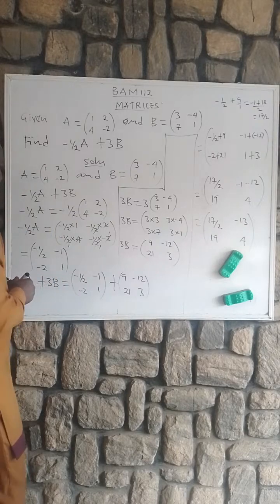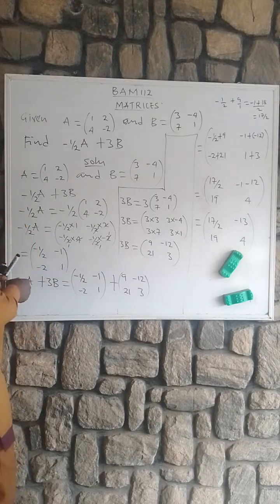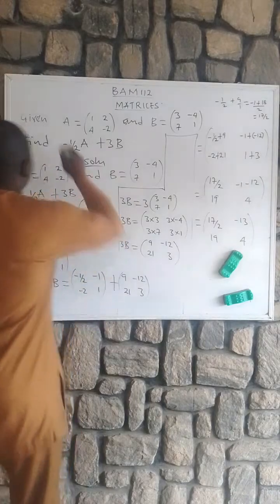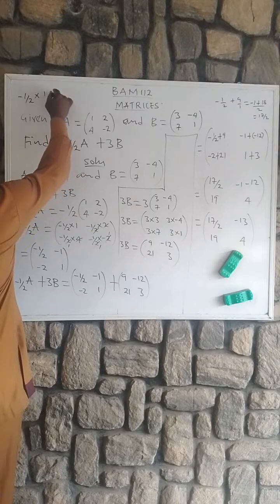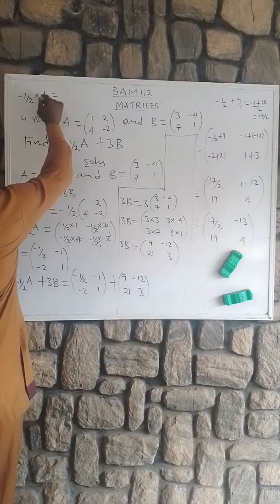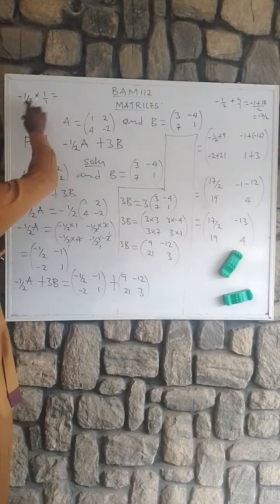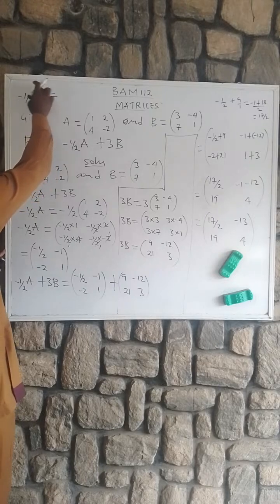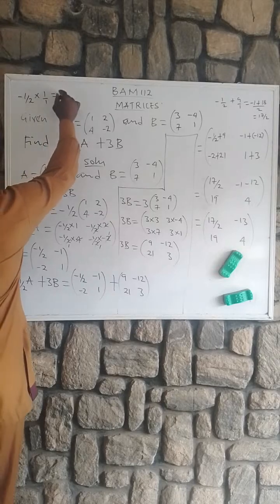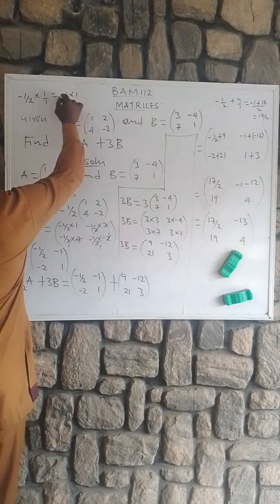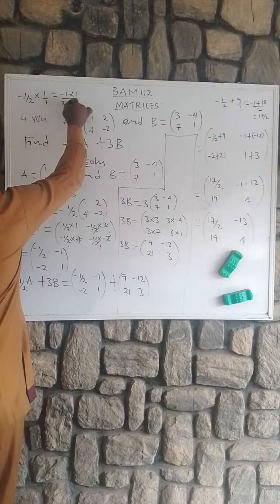So what I did was, if we have minus 1 all over 2 times 1, note that there is an invisible 1 here. This means use this up one to multiply this up one, and use this down one to multiply this down one. So minus 1 times 1 all over 2 times 1.